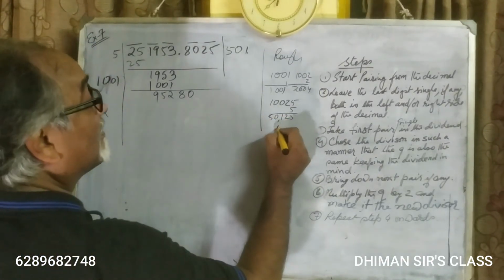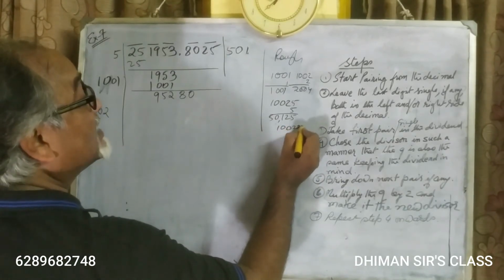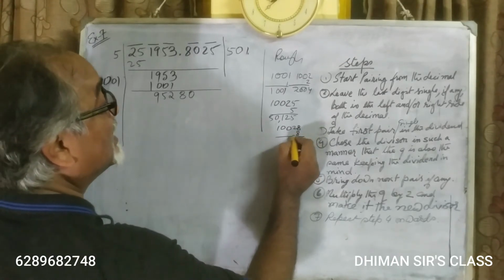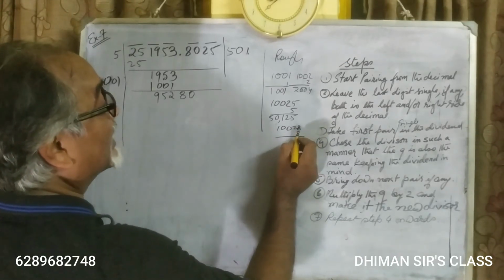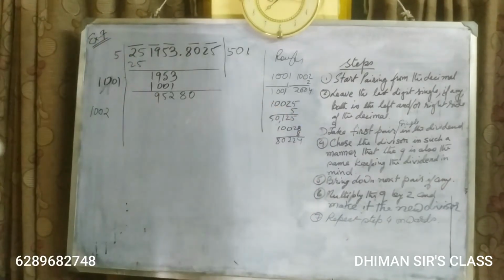So let us take 1002 8. 8 8s are 64, 8 2s are 16, 8 0s are 0, 8 1s are 8, 80,224.